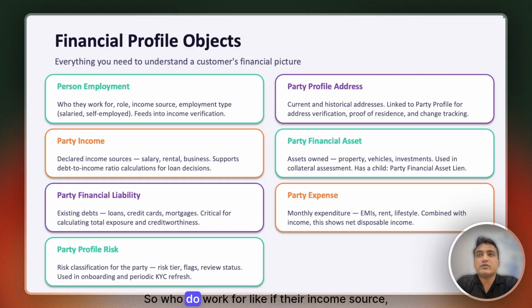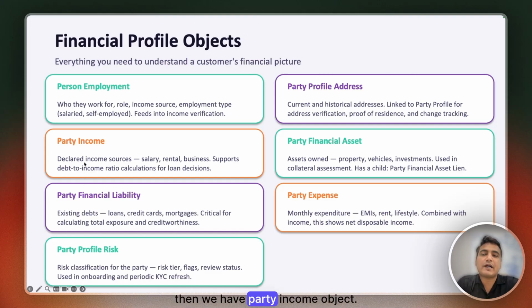Who they work for, their income source, and their employment type, whether they are salaried employed or self-employed, is stored in the person employment object. Then we have the Party Profile address. Current and historical addresses can be linked to this object under Party Profile, and it can be used for other processes like address verification, proof of residence, and change tracking also.